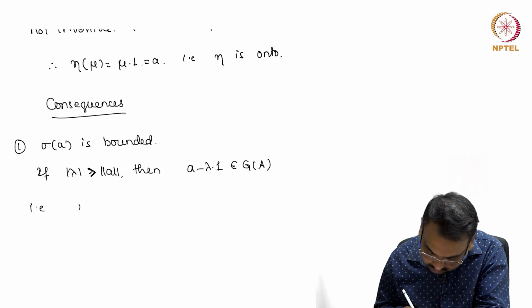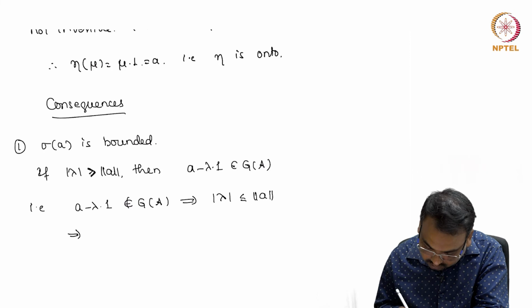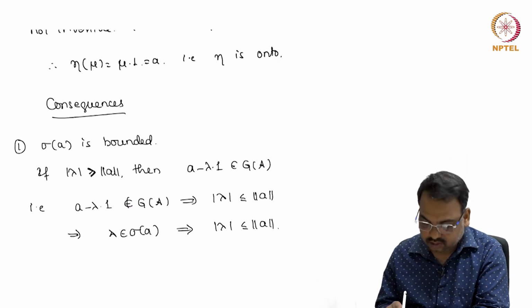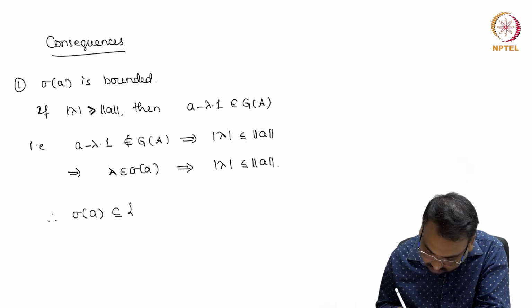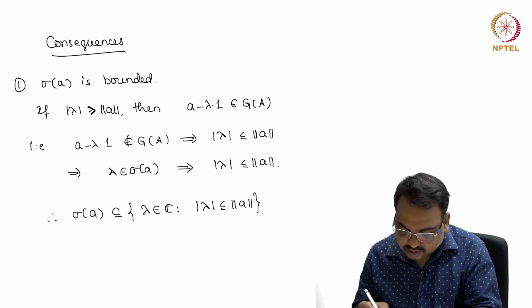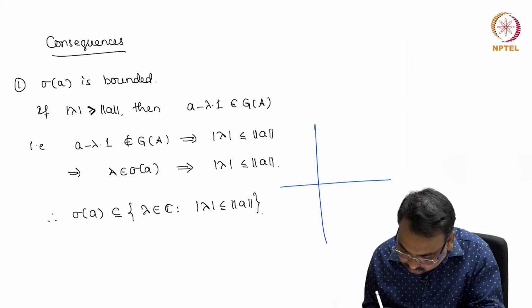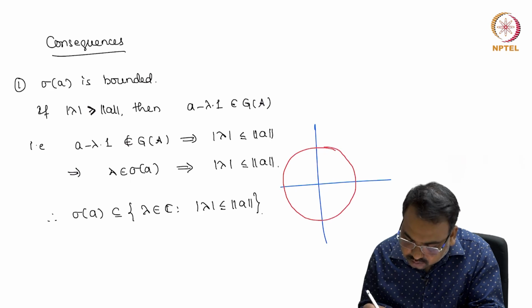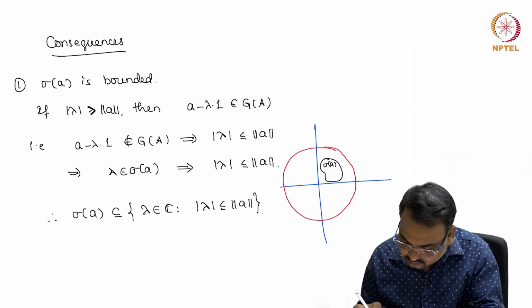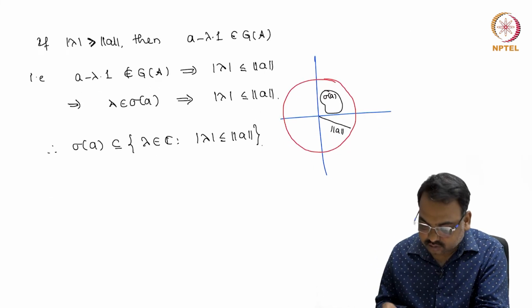So if A minus lambda 1 is not invertible, it implies mod lambda is less than or equal to norm A. That means lambda in the spectrum of A implies mod lambda is less than or equal to norm A. So the spectrum of A is contained in the set of all lambda in C such that mod lambda is less than or equal to norm A. So we can conclude that the spectrum is a bounded subset of C, lying within a disc of radius norm A.